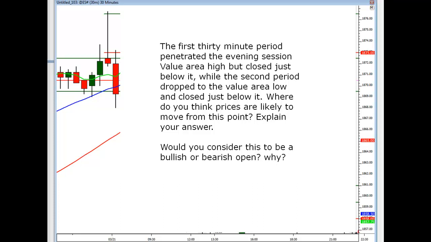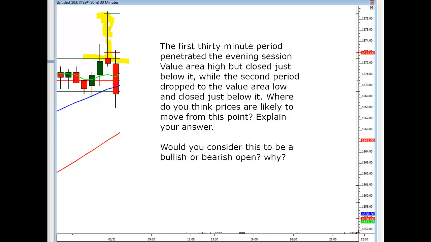In this case, we have the first 30-minute period that took place, which is this one right here, and it penetrated the value area high for the evening session. If you see, it went right through it, went higher, and closed just below it. So obviously it met significant resistance up here.